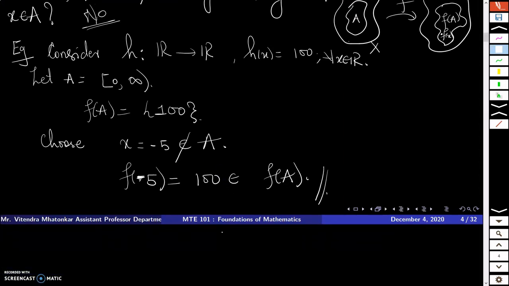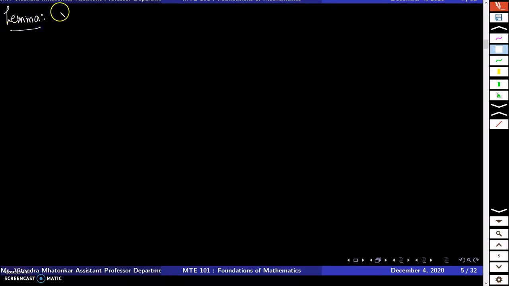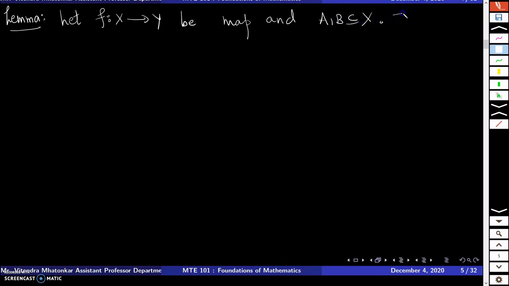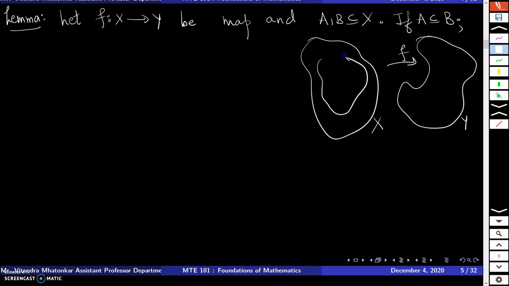Next, we'll see a lemma. Supposing I have a function f from the set X to the set Y. Supposing this is a map, and I'll pick up two subsets of X, A and B. Let's say A and B are two subsets of X. Now if A is a subset of B, so what I have is the set X here to the set Y, and this is B, and A is a subset of B here.